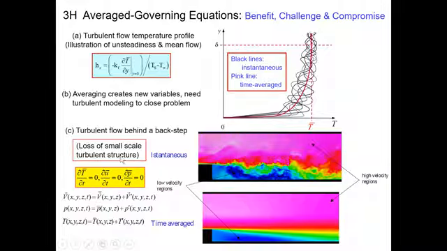Another compromise is, since we did the averaging, we will lose the small scale turbulence structure. This can be seen from the instantaneous velocity field and time averaged velocity field. By comparison, you notice that the small structure of turbulence is gone.